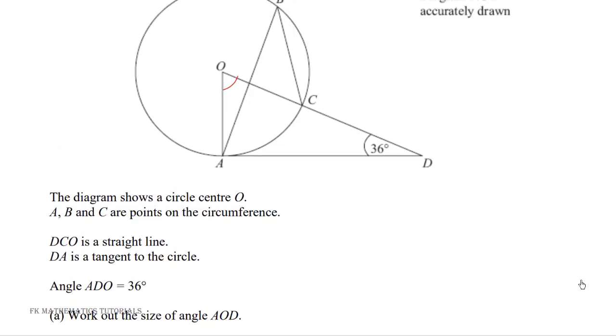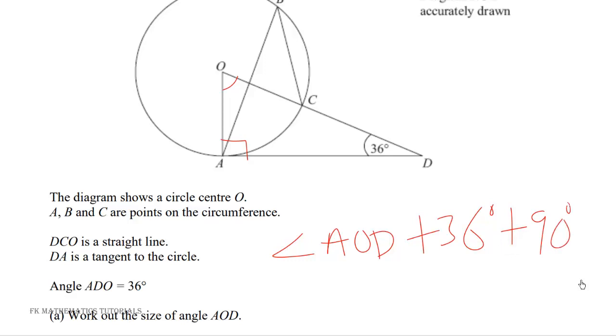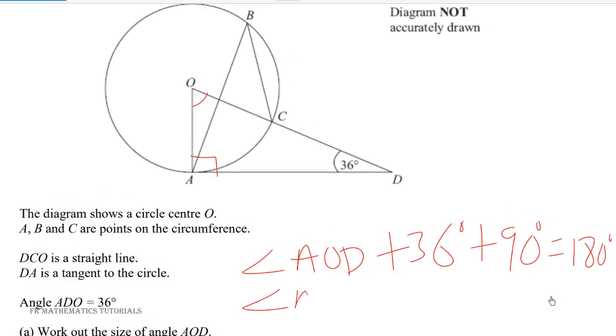So angle AOD plus 36 degrees plus this angle which is 90 degrees is supposed to be equal to 180 degrees. So angle AOD is equal to 180 minus 90 minus 36 degrees.